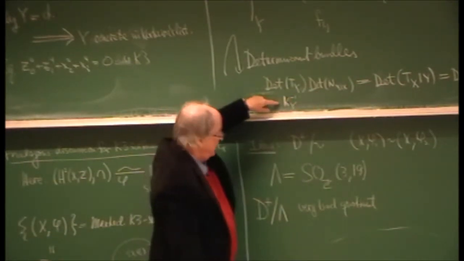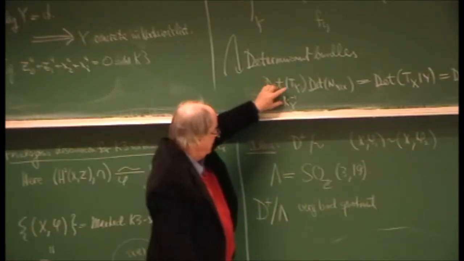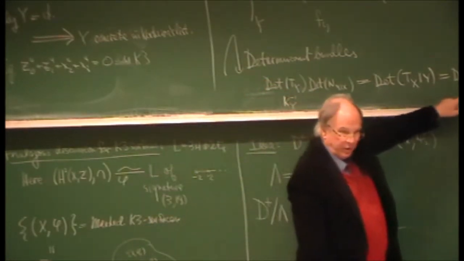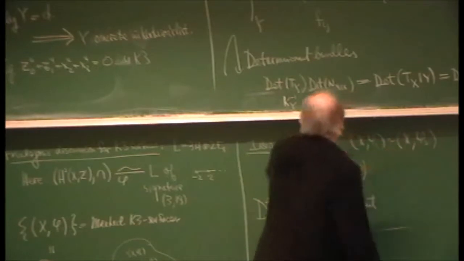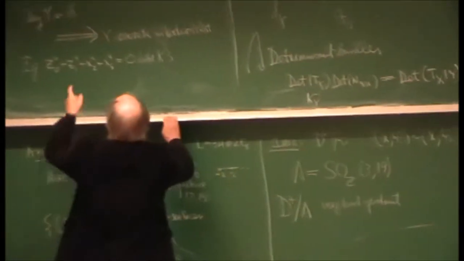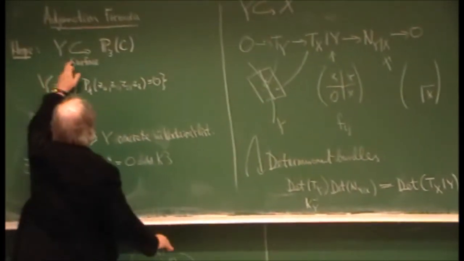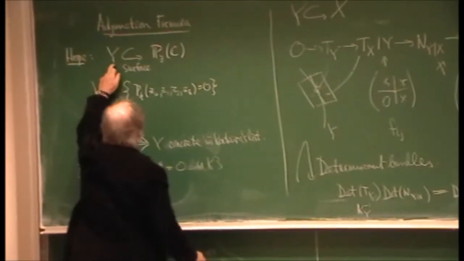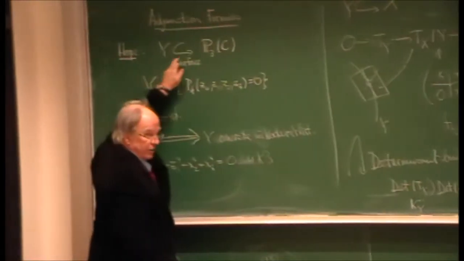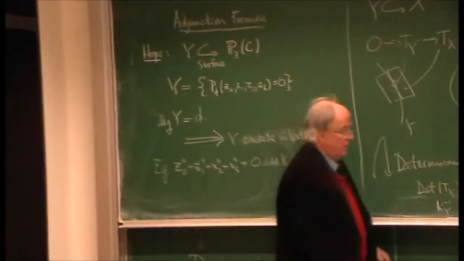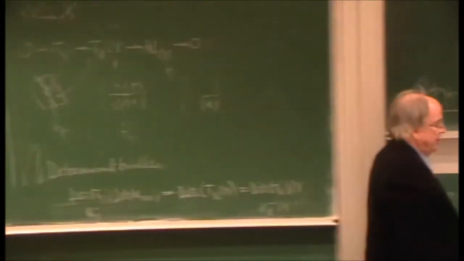You can compare the canonical or anti-canonical bundle of this guy with the canonical and anti-canonical bundle of that guy. So if you're here in P3 and you have something like this, you can compare the canonical bundles here if you have some information. That way of comparing is called the adjunction formula.